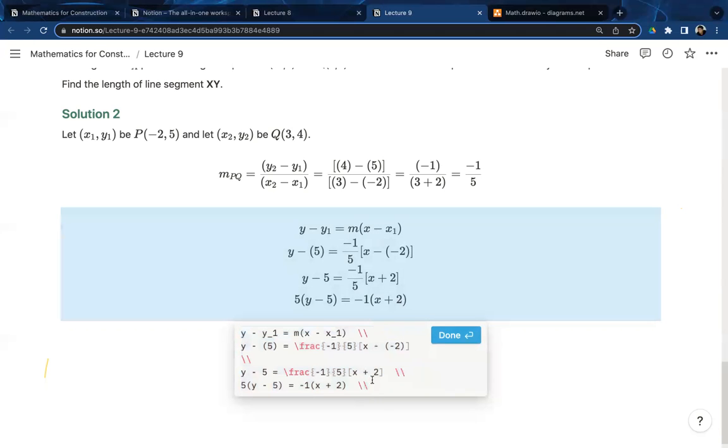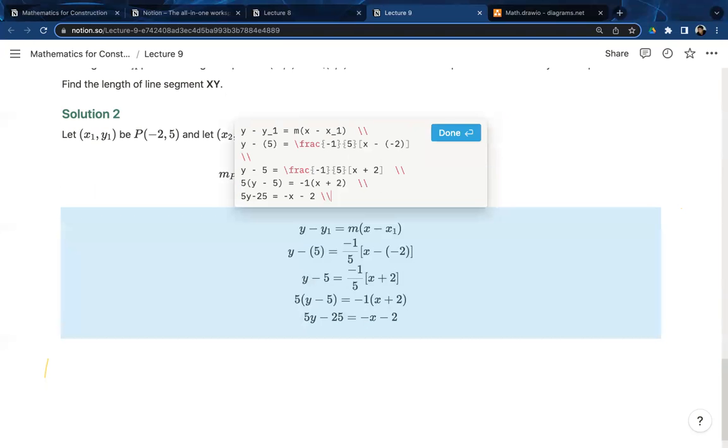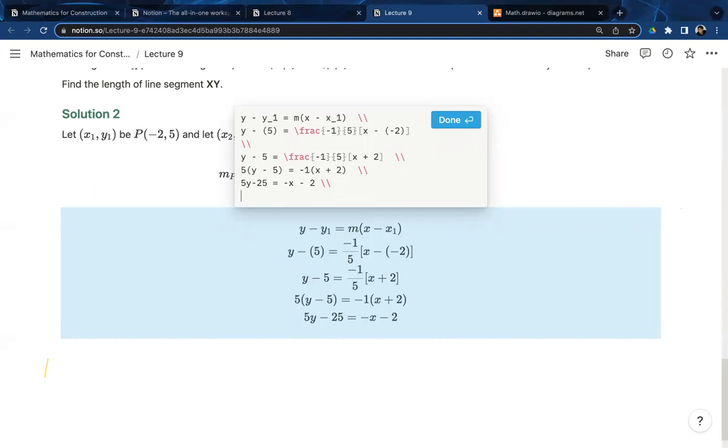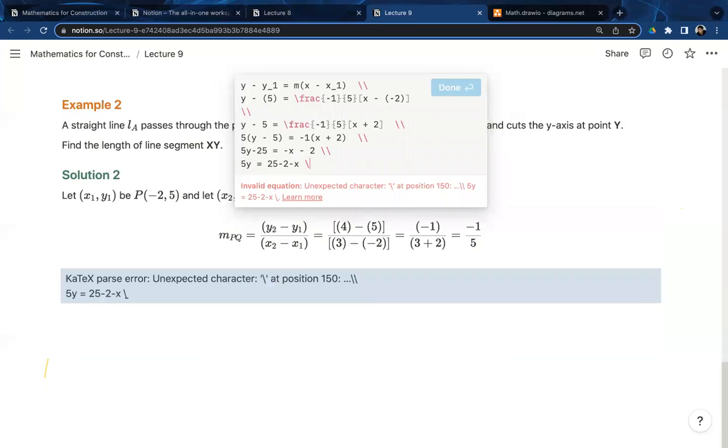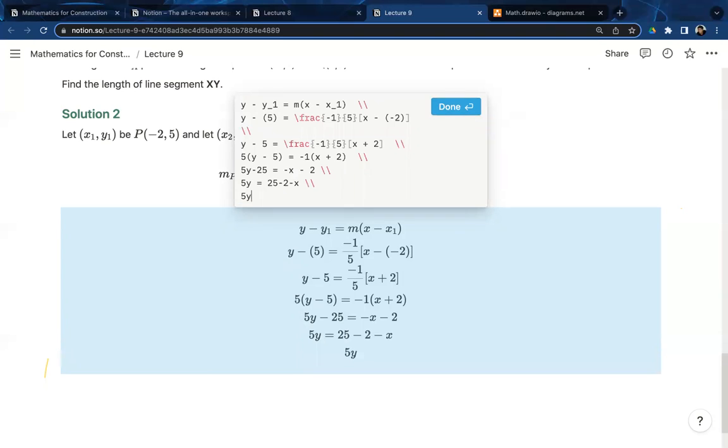So what is this? 5y minus 25 is equal to minus x minus 2. Right? And I could say 5y is equal to 25 minus 2 minus x. 5y is equal to, what's 25 minus 2? 23 minus x.